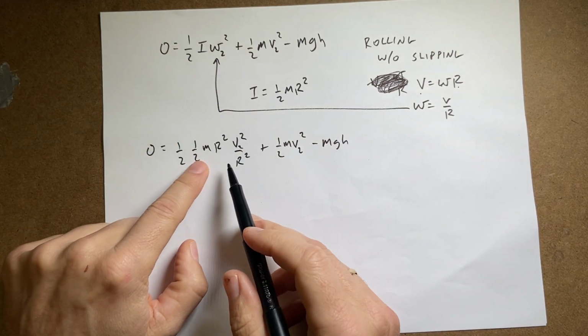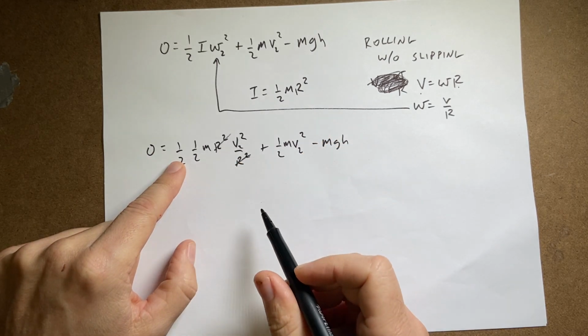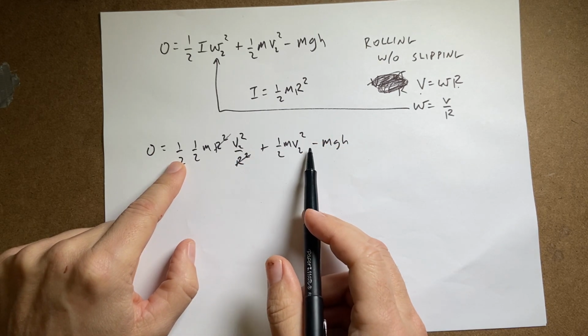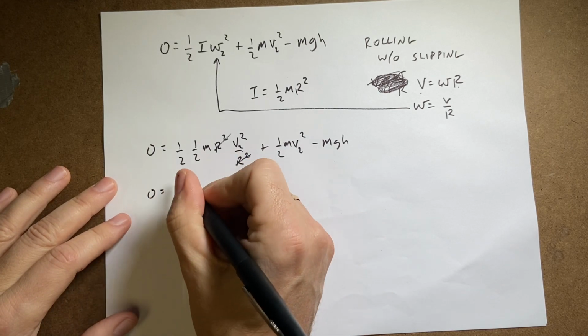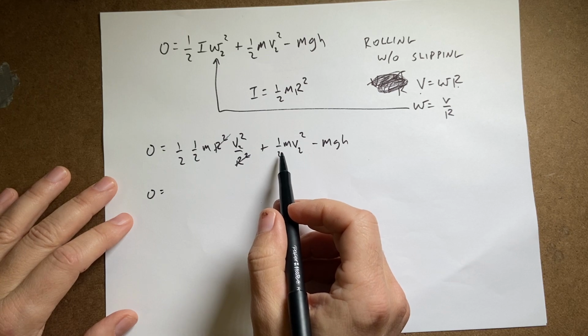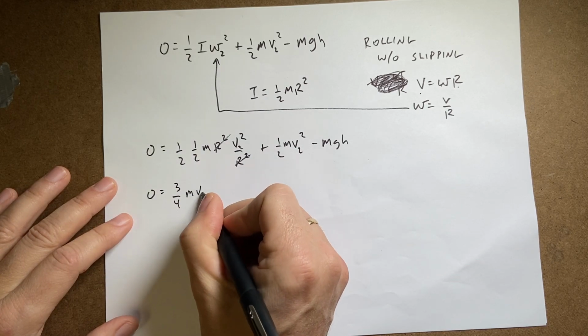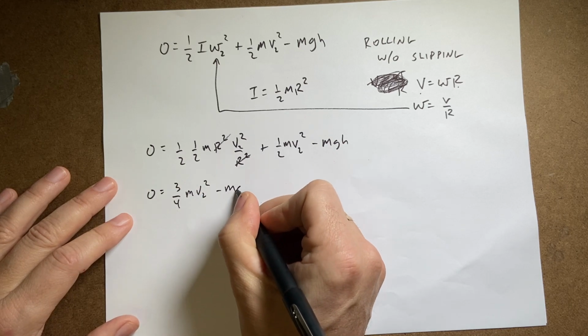The r squared terms cancel, so this is 1/4 mv squared plus 1/2 mv squared. So I get 0 equals 1/4 plus 1/2, which is 3/4, mv2 squared minus mgh.